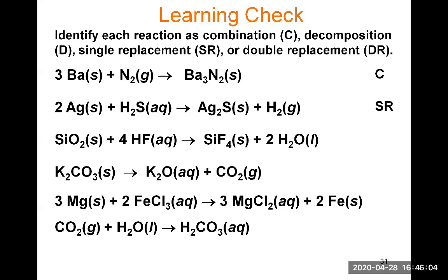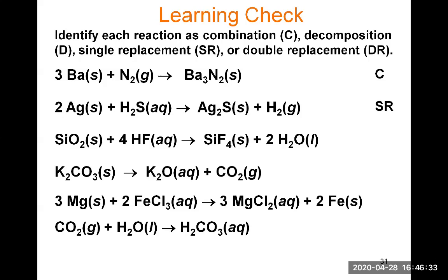Third example, SiO2 solid plus 4HF aqueous gives SiF4 solid plus 2H2O liquid. So here we can see that we start with two different compounds and we end up with two new compounds. So we can probably find that there is a double replacement here.